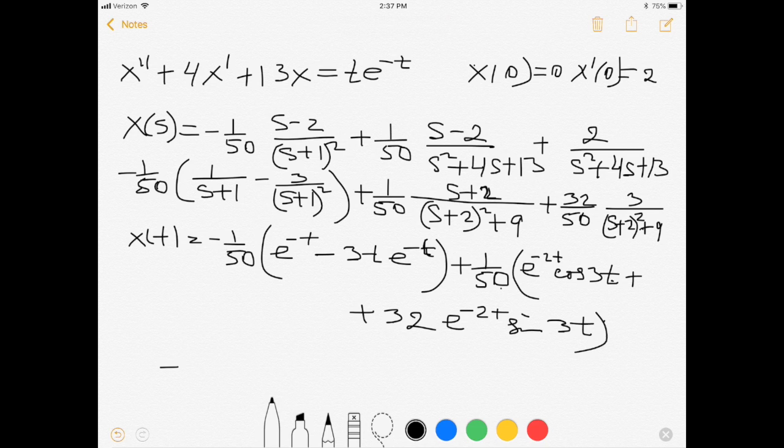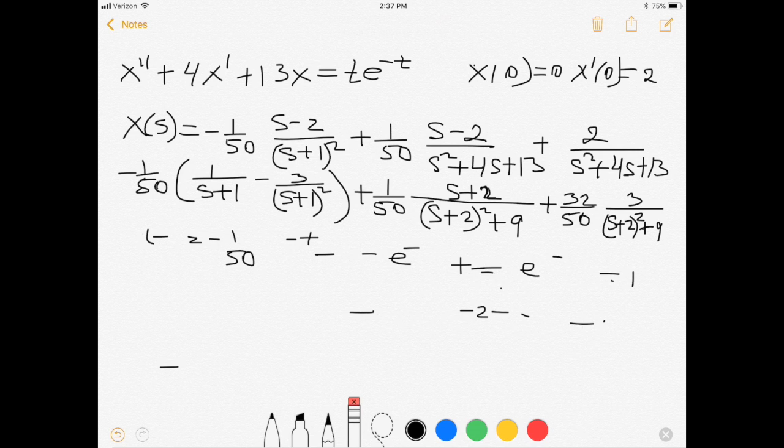I'll show you one more example. As you can see, the hardest part here is preparing our function so we can use the inverse Laplace transformation. Okay, I'm cleaning my board.